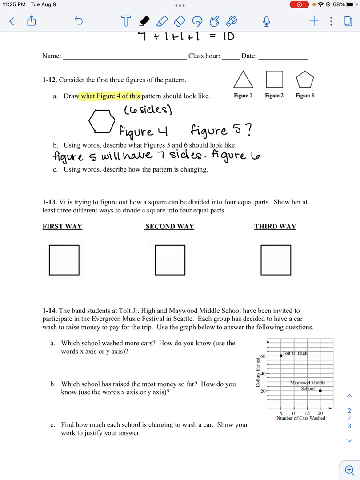Figure 6 will have 8 sides. Using words, describe how the pattern is changing. The shape is increasing by 1 side.